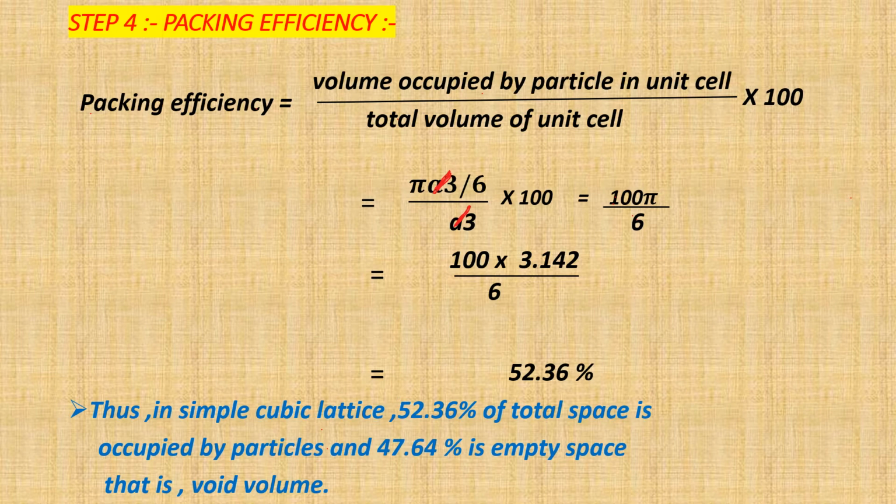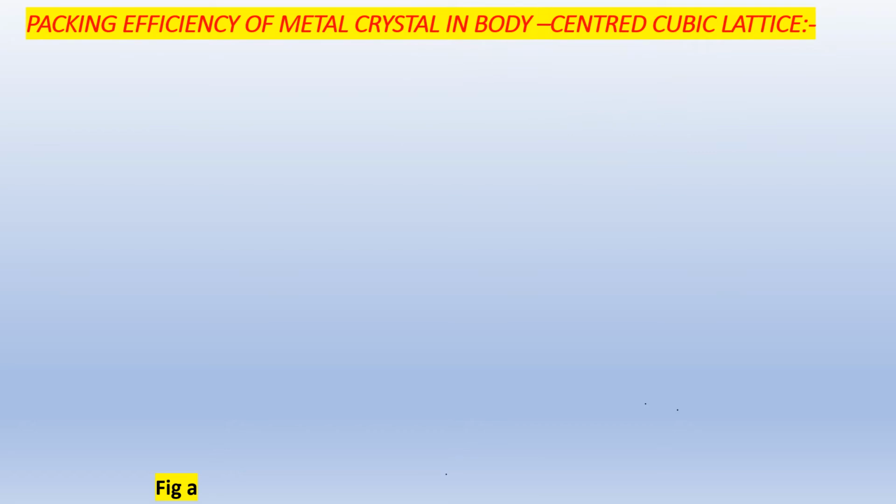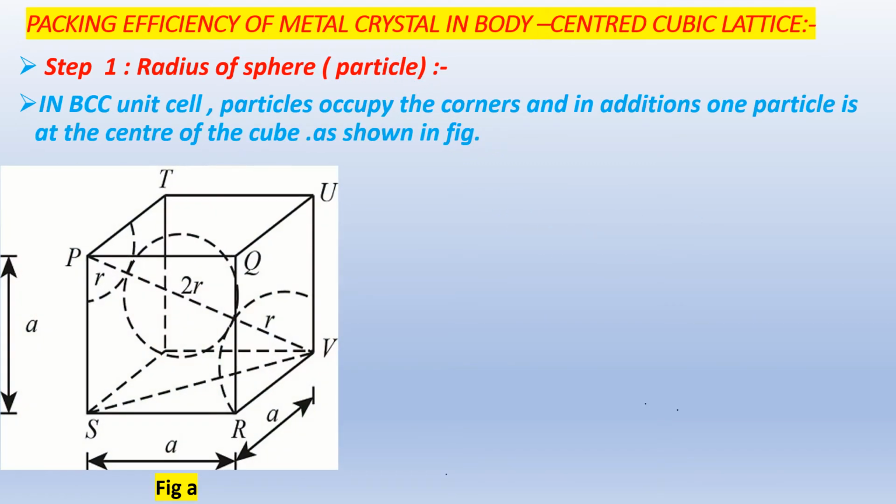Next part, the second part: packing efficiency of metal crystals in body centered cubic lattice, that is BCC. In BCC, first we also calculate the radius of spheres or particles.